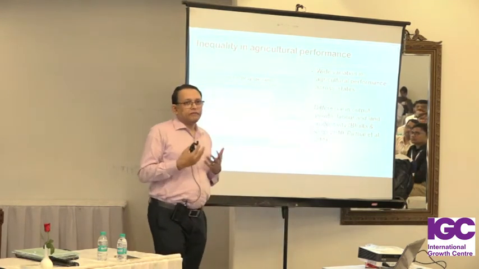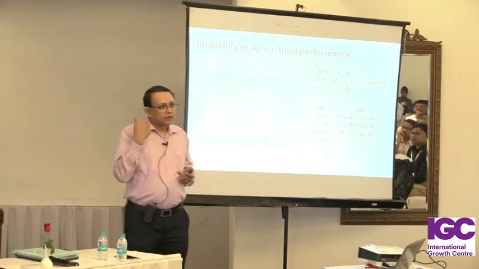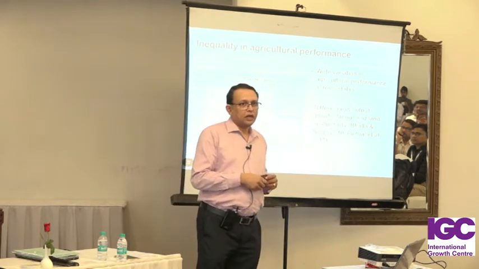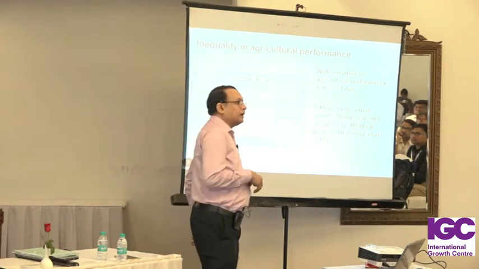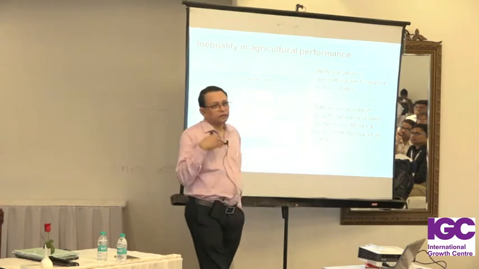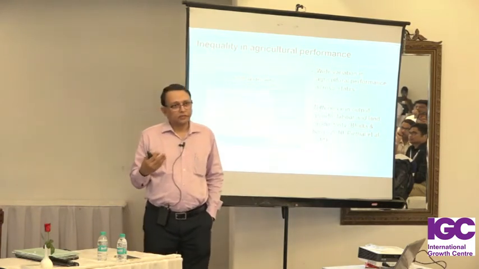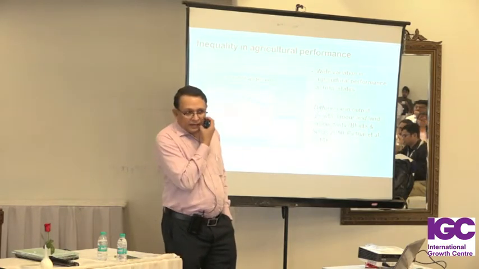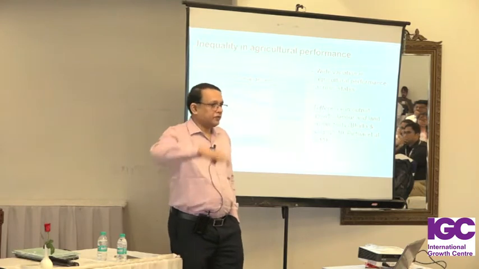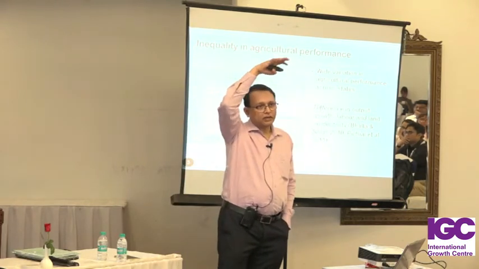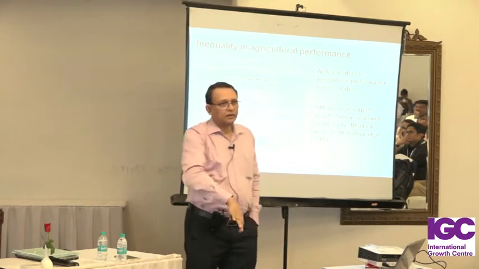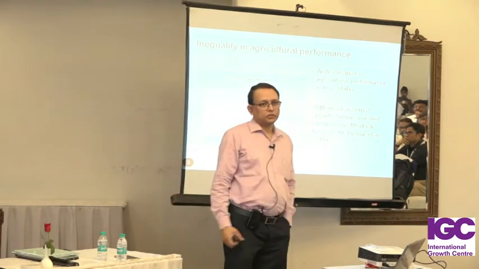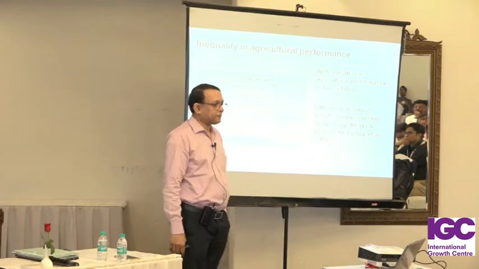There are different ways one can look at it. People have looked at GDP per capita coming from agriculture and how it varies. If you look at the absolute levels of GSDP per capita from agriculture in different states, you will find that Punjab and Haryana are really at the top, and the eastern states, especially Bihar, are close to the bottom, okay.